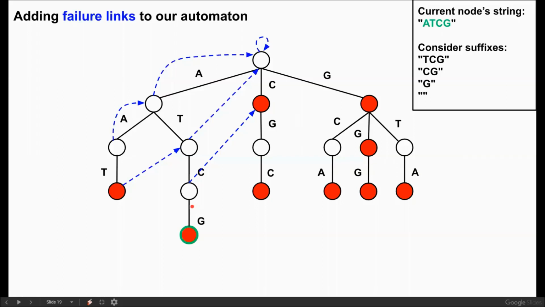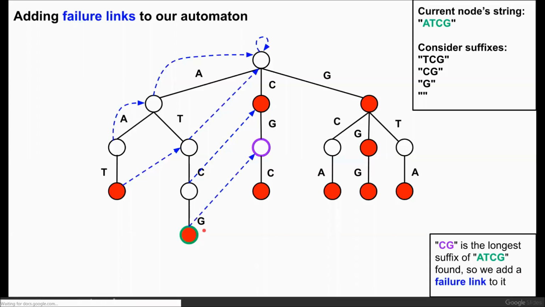So in this specific case, we're asking, does this node contain G as a child, since this edge represents G? Since it does, we've found where the failure link from this node is going to end up. We can click forward to confirm that's what we got, and it is. So we draw a failure link from this node to that node using the logic from the dynamic programming algorithm.